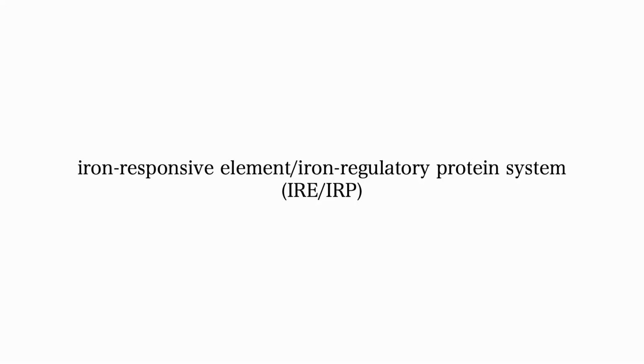At the cellular level, iron metabolism is also regulated by a system that's called the IRE and IRP system. This system fine-tunes the expression of key proteins, proteins like ferritin, transferrin receptor, and DMT1, in response to intracellular iron availability.